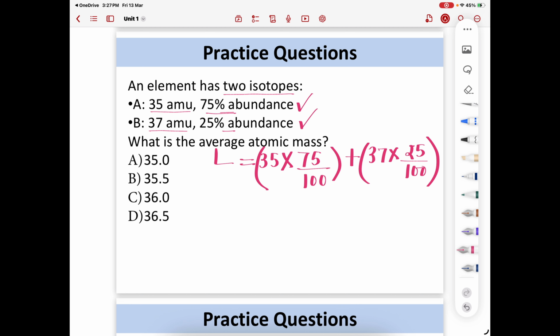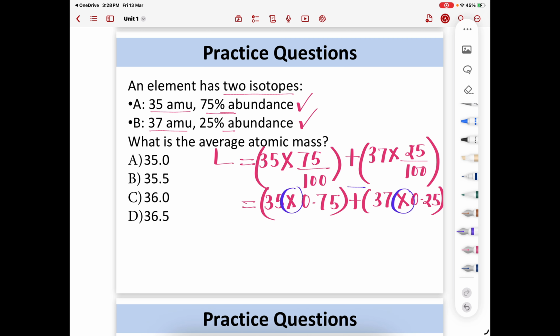I want all of you to take a pause and solve this question for yourself. If I simplify, 35 times 0.75 plus 37 times 0.25. Be mindful that there is a multiplication sign and there is a plus sign when you add the two isotopes.